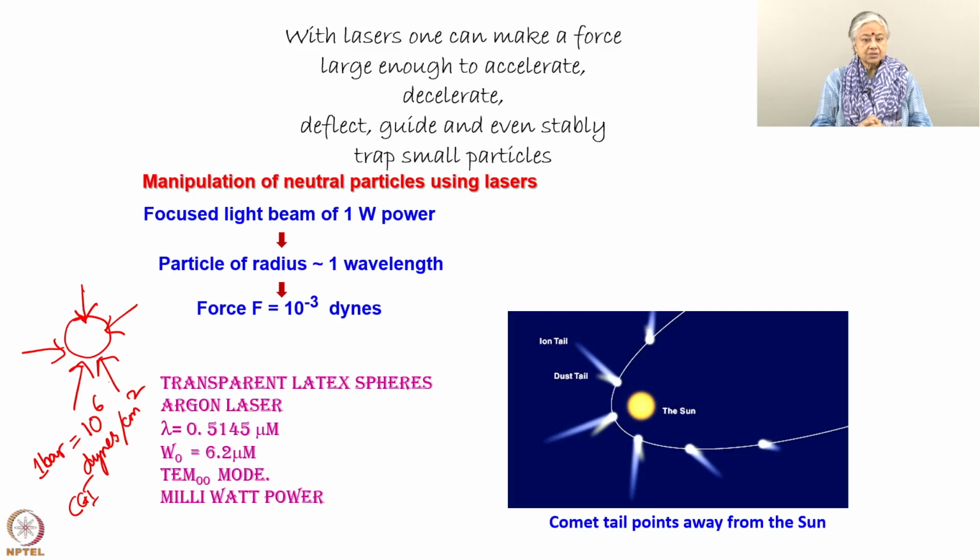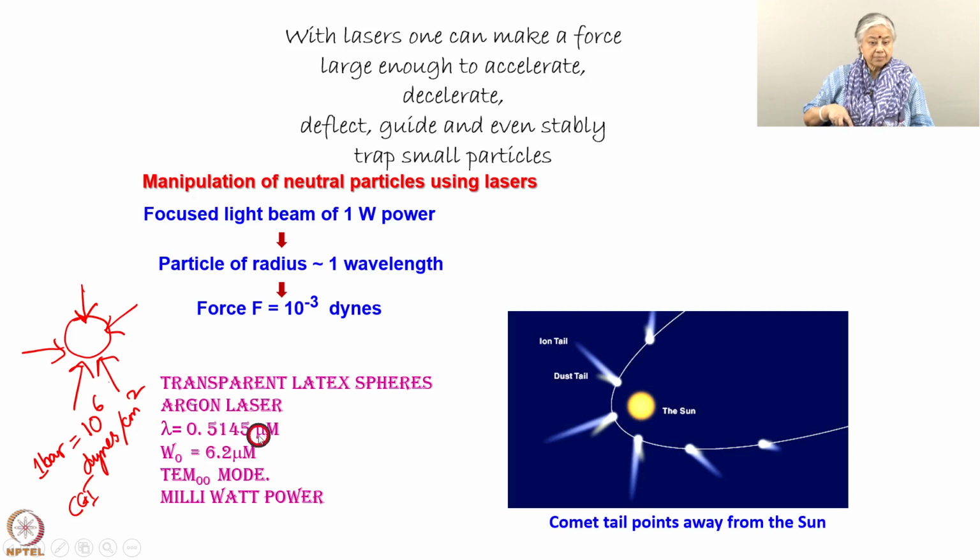In any case, the idea is that the light is giving pressure. And so, what Arthur Ashkin did in a lab, he used transparent latex spheres, spherical objects, and he used an argon ion laser with a wavelength of 0.5145 micrometer.